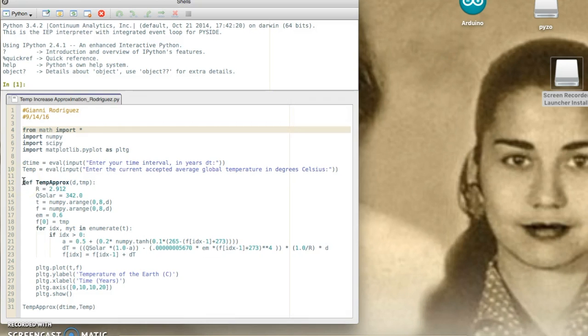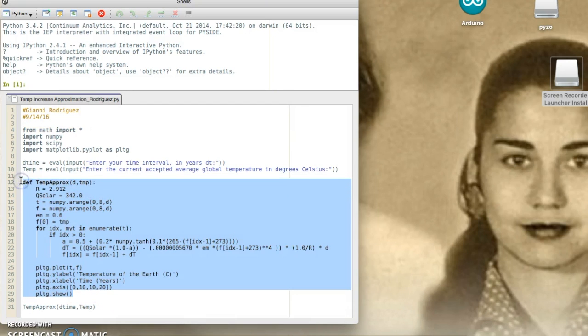The main attraction, so to speak, of my program is this segment of code right here. This is the temperature approximation, as I've called it here, with two variable inputs, T, which will be the change in time, and TMP, which is the initial temperature that is input by the user.